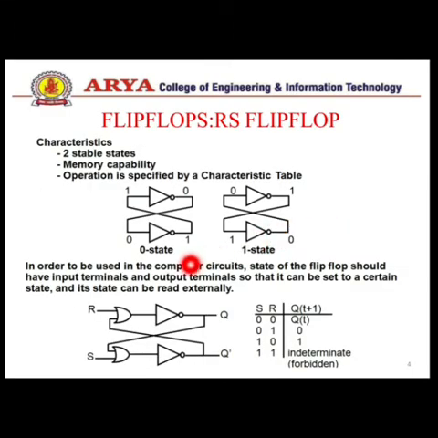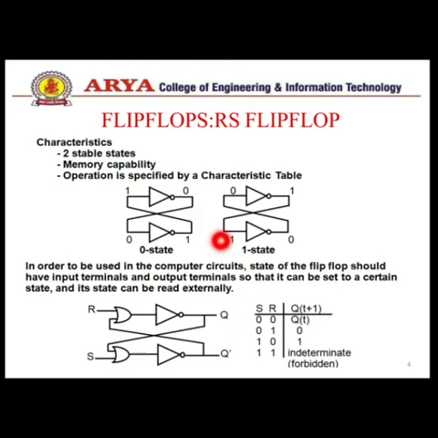First we move to the main flip-flop, which is called the SR flip-flop. RS means reset set flip-flop. The characteristics of this flip-flop are that it has two stable states, set or reset.